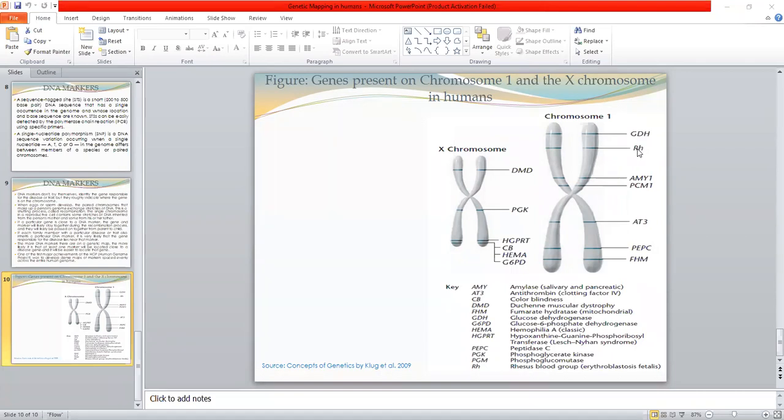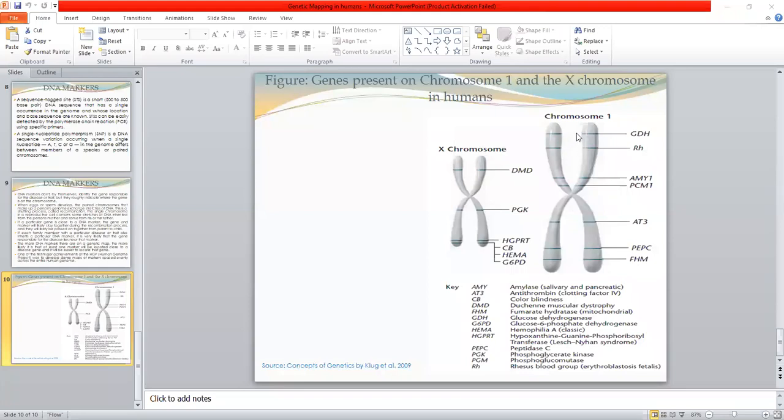The next gene is RH, which is closer to the GDH gene and is responsible for the rhesus blood group. The next gene is AMY1, amylase first. Then is PGM1, phosphoglucomutase. The next gene is AT3, responsible for antithrombin, clotting factor. Then is PEPC, peptidase C.